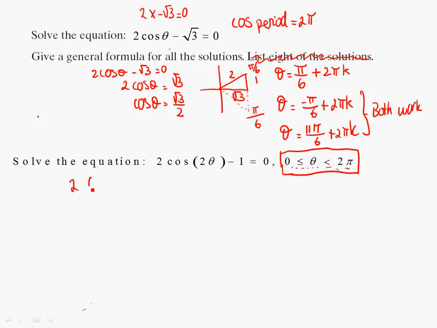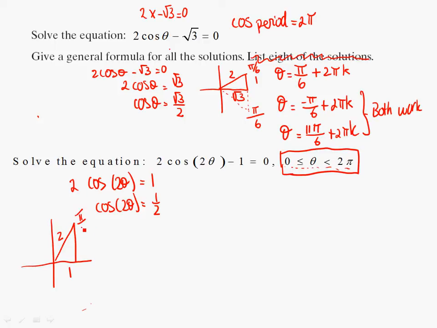If I start solving this, move the 1, right? Divide by 2. Yes? Okay, draw the angle that goes with it. So the adjacent is 1. What angle is that? That's pi over 3. So what's equal to pi over 3?